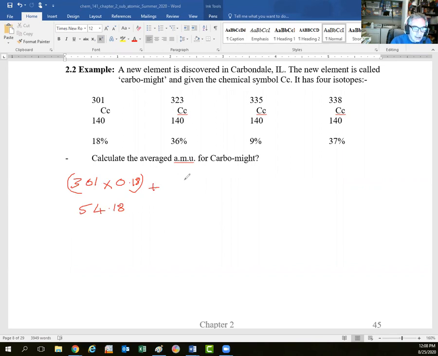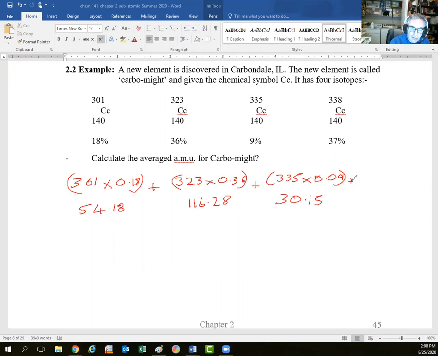Added to that, we'll take 36% of the 323, which comes out as 116.28, and we'll take 9% of the 335 times by 0.09. That comes out as 30.15.